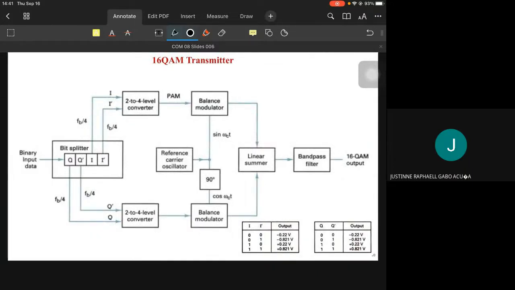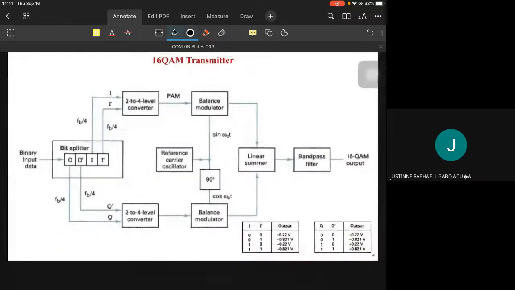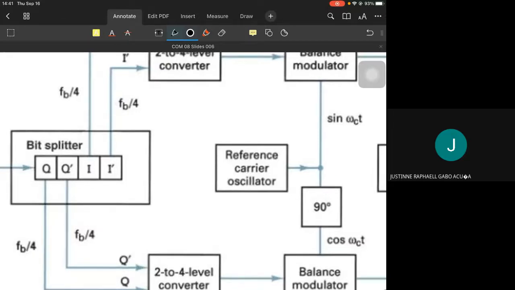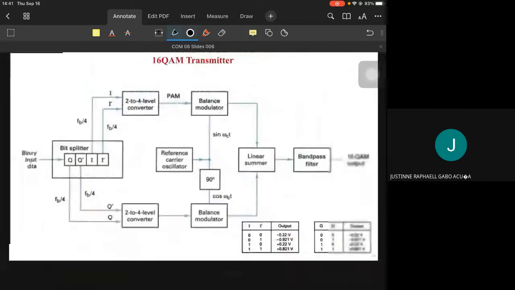So try to solve this one. Sure ko, kuha na dali na lang ni for you. What if ang ato input is, oy, unsa man ni? Q ug I lagi ni.